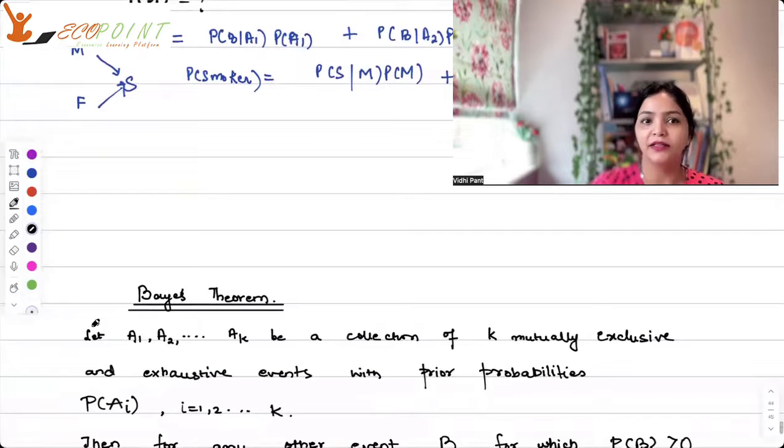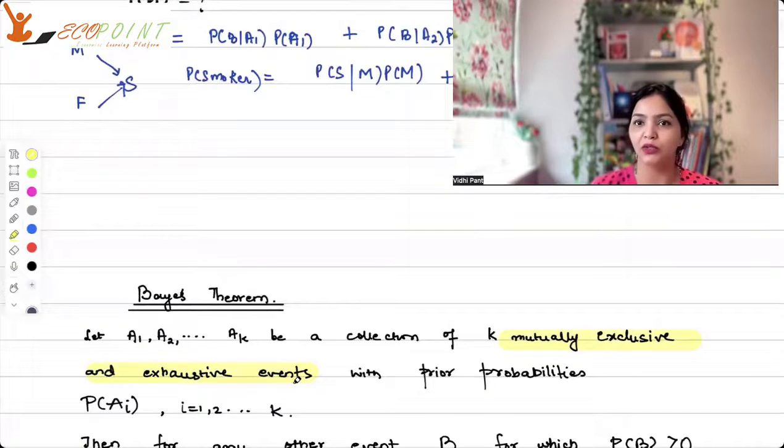Formally speaking, let A1, A2 till AK be a collection of K mutually exclusive and exhaustive events with prior probabilities, probability AI, given to us. So we have the probability of A1, probability of A2 associated with us.